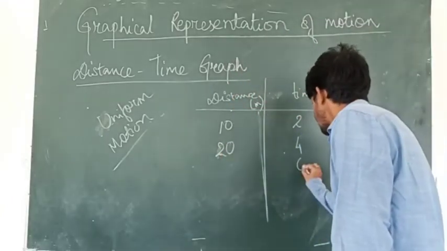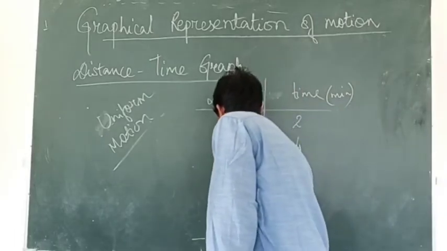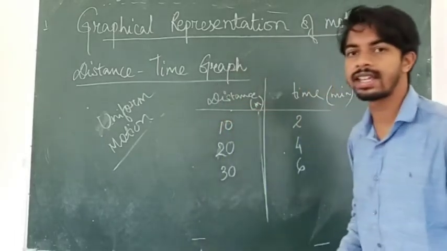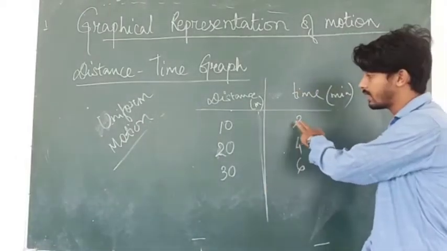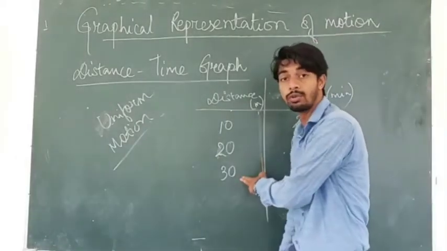Then for another 6, it will go up to 30. So in this case you can see, for a uniform increase in time, the distance is also increasing uniformly.